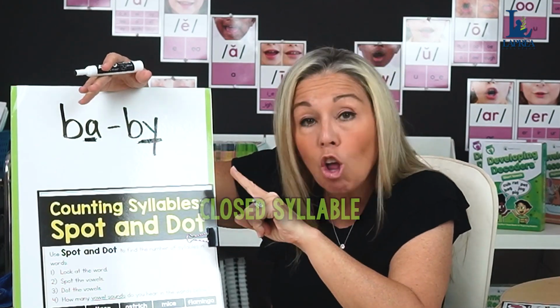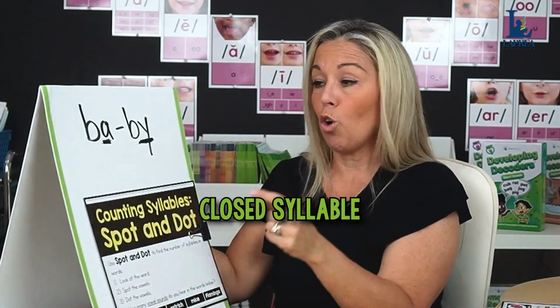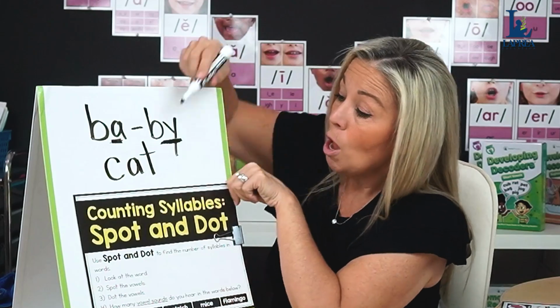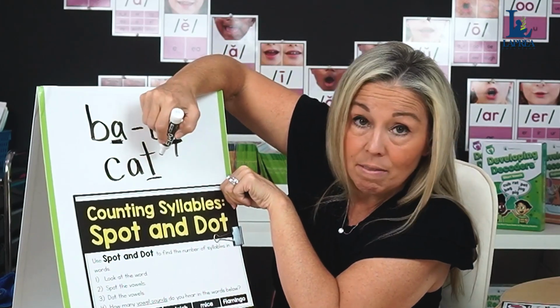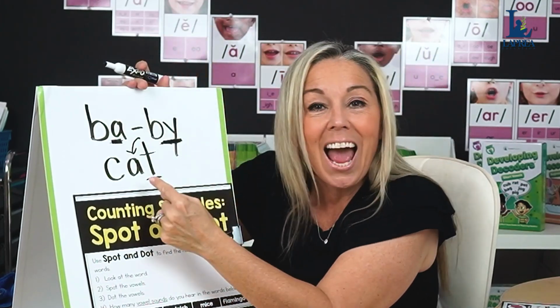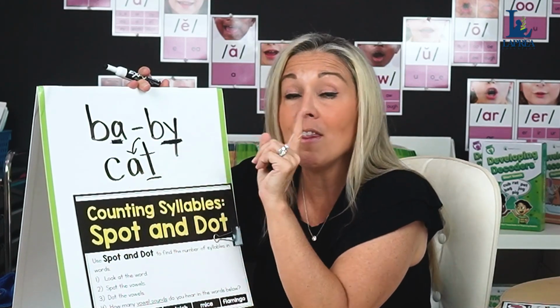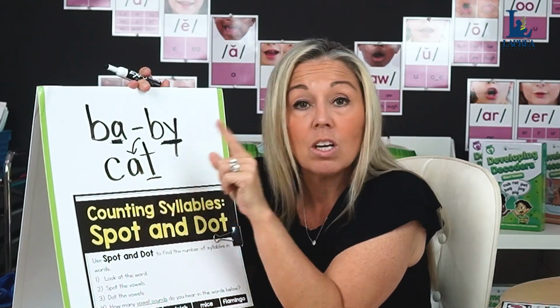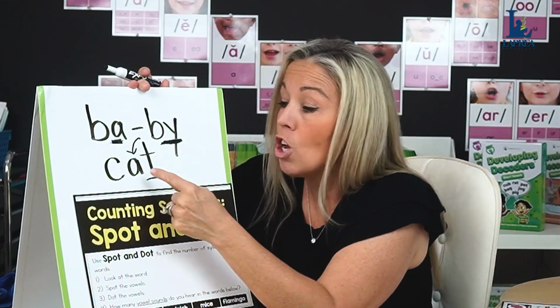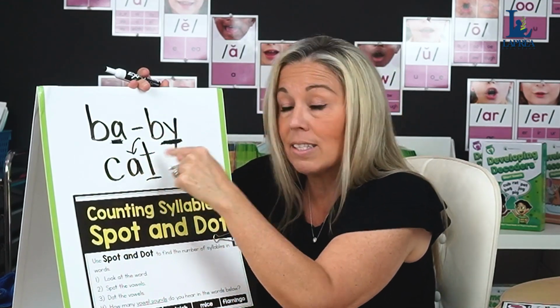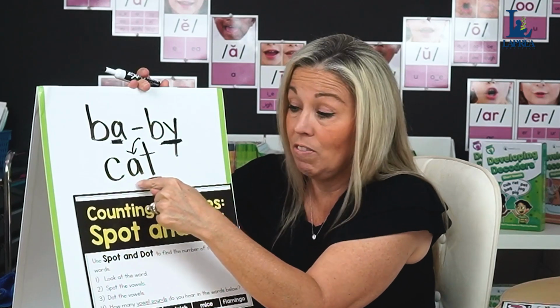Then there are closed syllables, like the word cat. Cat is considered a closed syllable because the consonant traps and closes in the vowel sound in the middle, and that makes the vowel have its short sound. When it's closed in by a consonant, this is considered a CVC word.